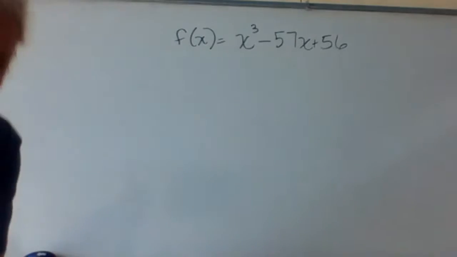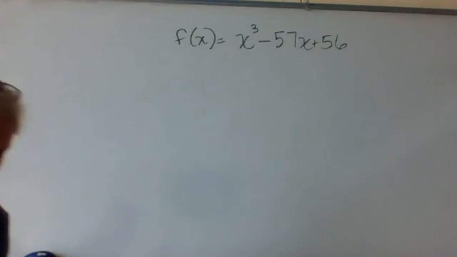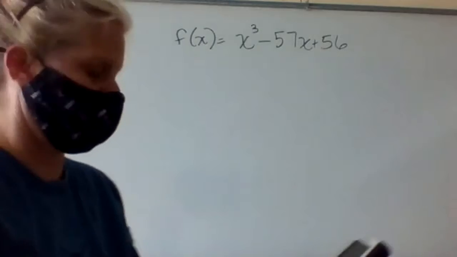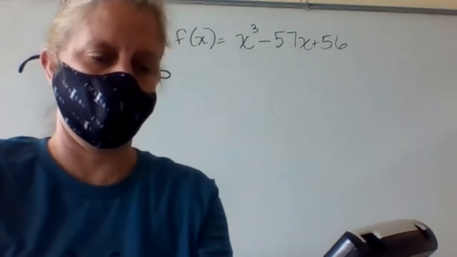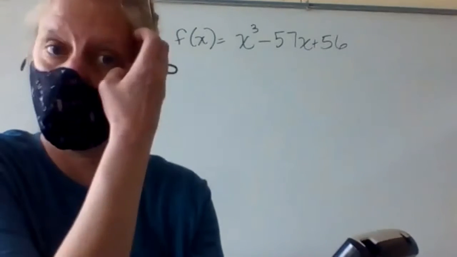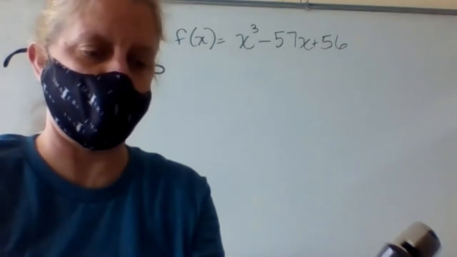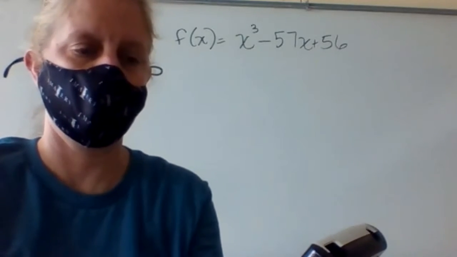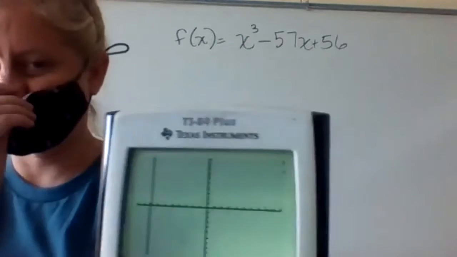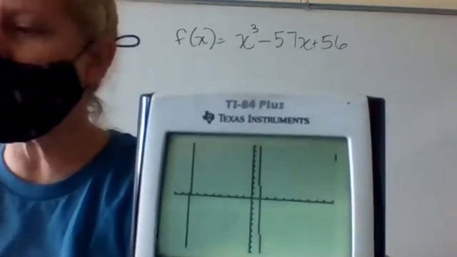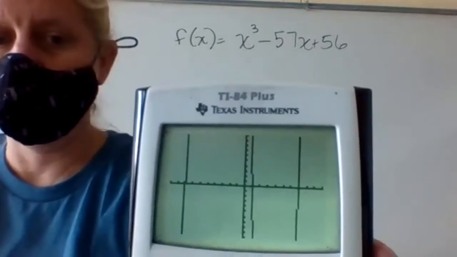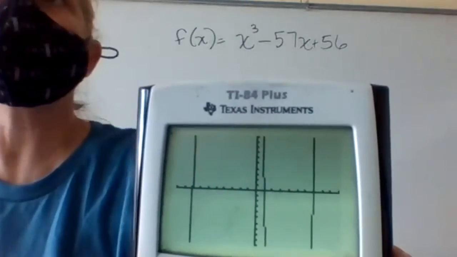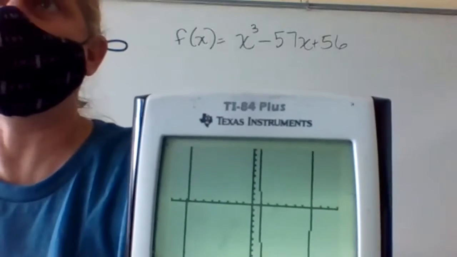Okay, so let's put this in y equals and see if we can eyeball it. So x to the third, minus 57x plus 56, and graph it. And see if any of these x-intercepts look promising.